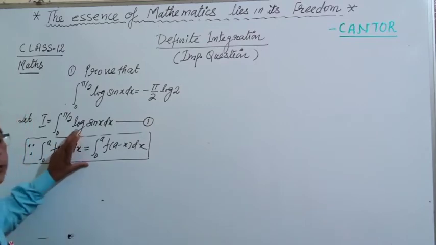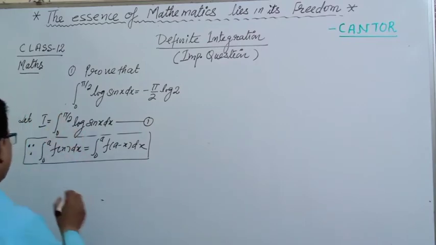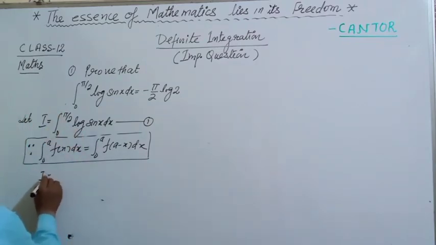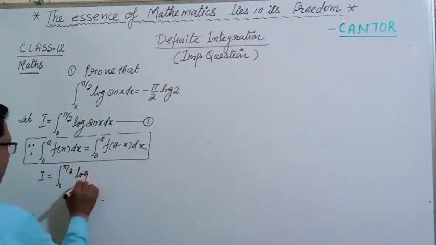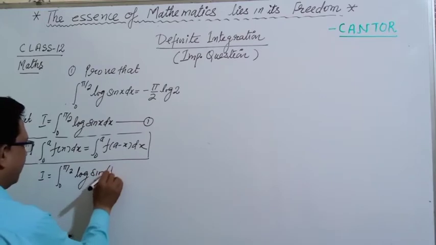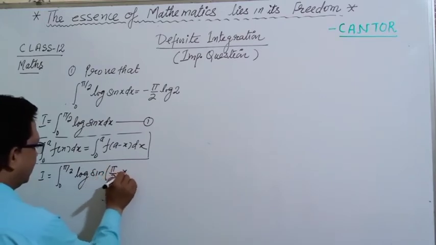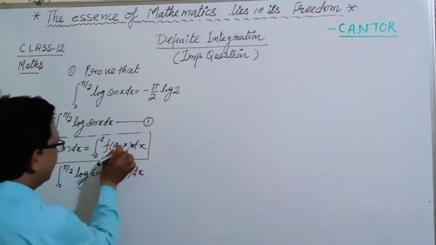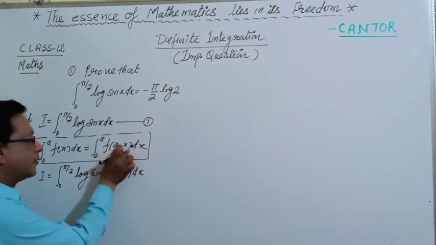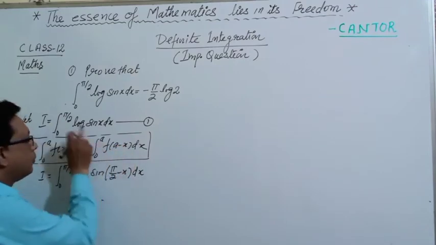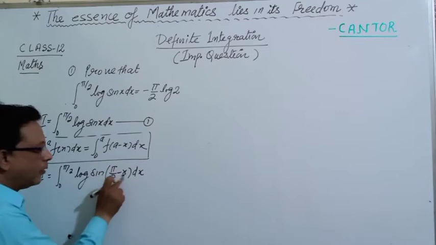First we use this property in this integration. So our integral becomes I is equal to the integral from 0 to pi by 2 of log sin (pi by 2 minus x) dx. In place of x we write a minus x. Here a is equal to pi by 2, so we have pi by 2 minus x.